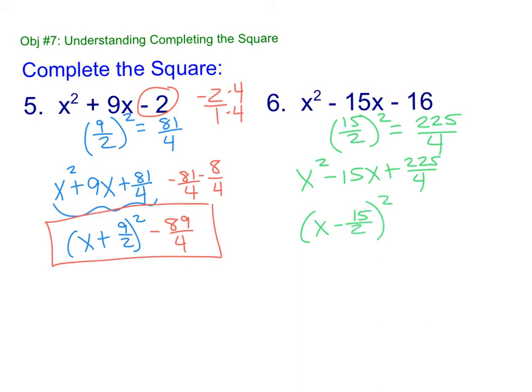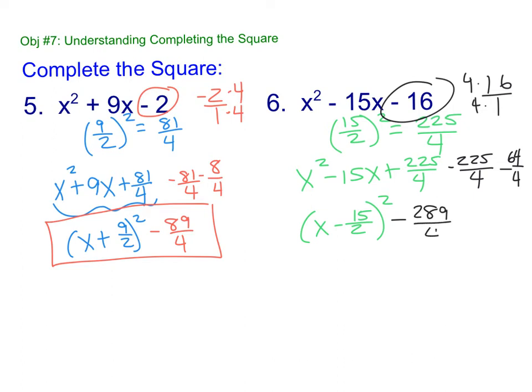So now I added 225 over 4, so then I have to subtract the 225 over 4, and then combine that with negative 16. 16 over 1, my common denominator is 4, so 4 times 4 times 4 is 64. They're both negative, so we can add them together. So negative 289 over 4 is our answer.